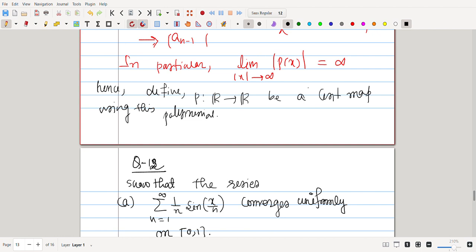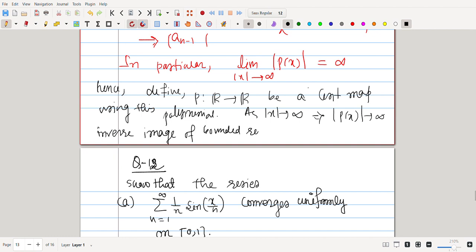Okay, so as mod x tends to infinity implies mod px tends to infinity. Okay, inverse image of bounded set is bounded, right?